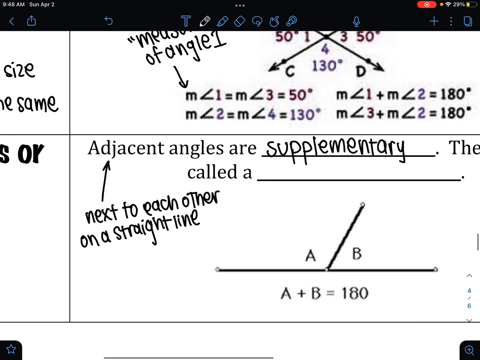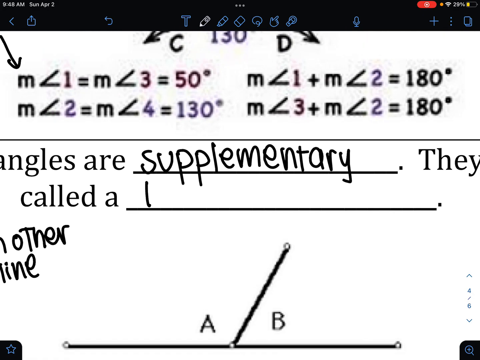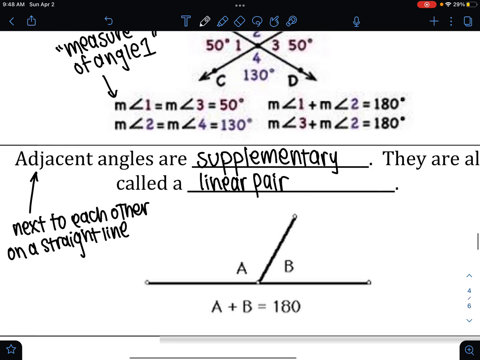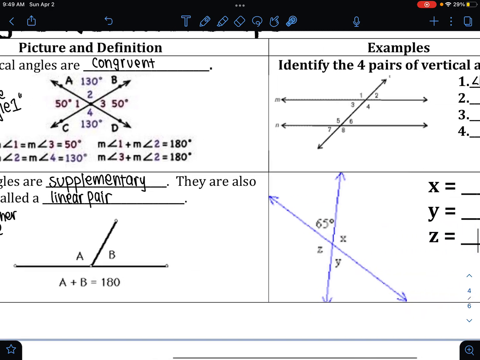Okay. So adjacent angles are supplementary. They are also called a linear pair. So we can see that angle A plus angle B is equal to 180. Those are a linear pair.